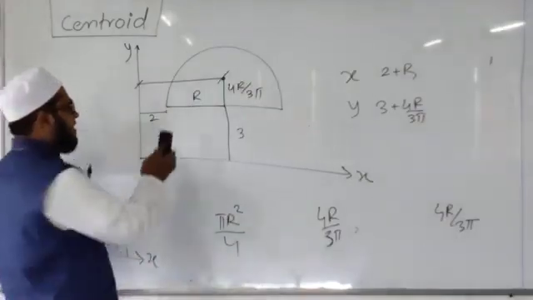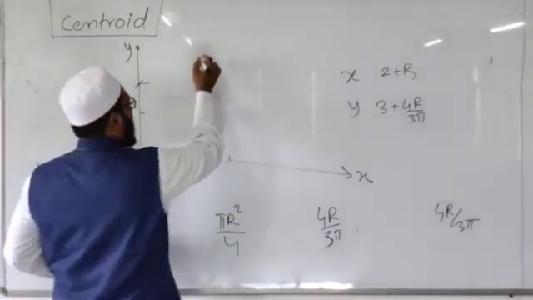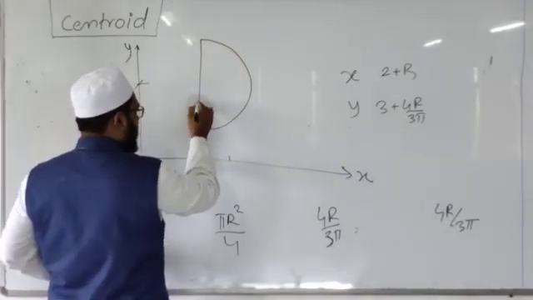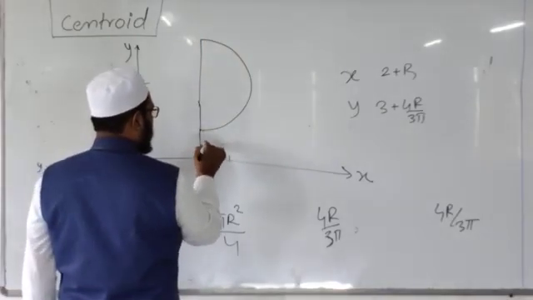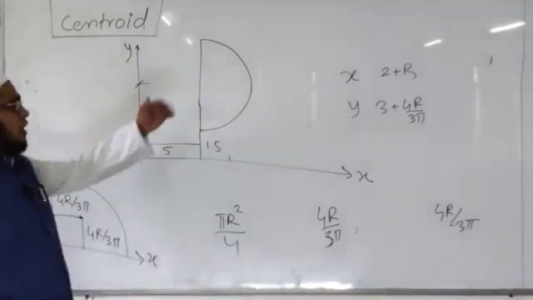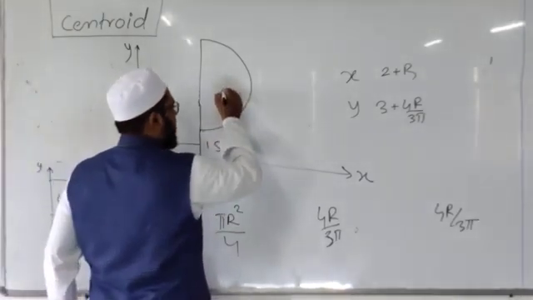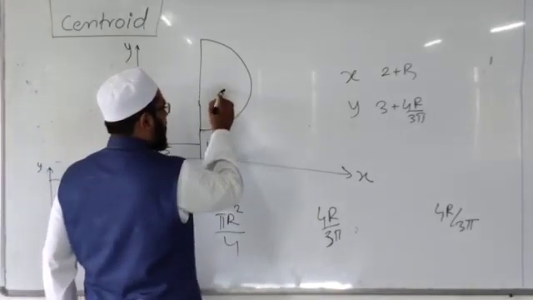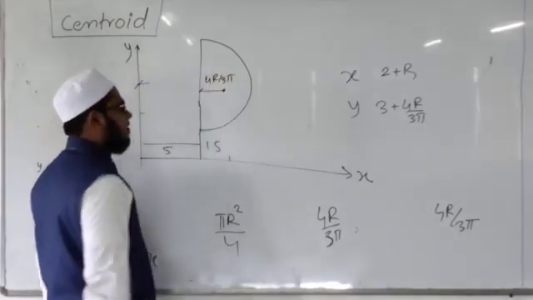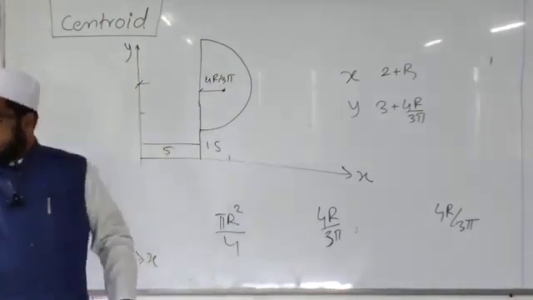And it is not compulsory that the semicircle will always have the same position. It may be like this. If this is 1.5 and this distance is 5, x and y. If I have to find the coordinates of the centroid, I know that the centroid is lying at this point. This distance from the diameter is 4r by 3 pi. Depending upon position and orientation, the values of the coordinates will change.